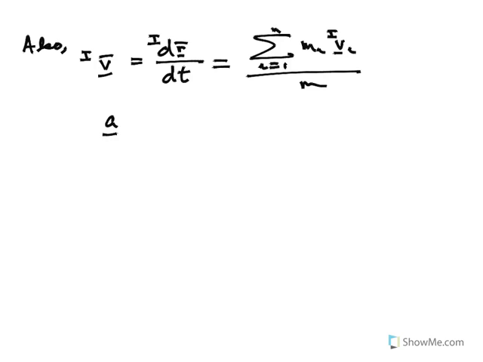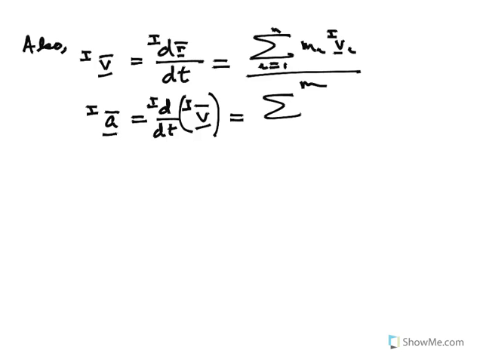And the acceleration, we're going to call it a bar I, is equal to d dt in I of v bar I, which is equal to the summation from i equals 1 to n of mi ai in I, all divided by m.